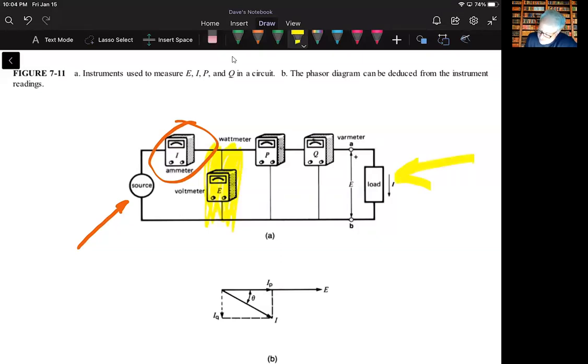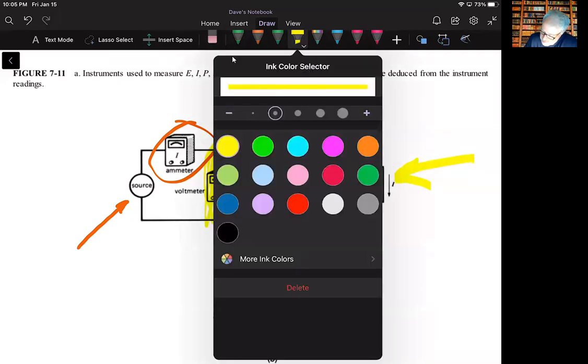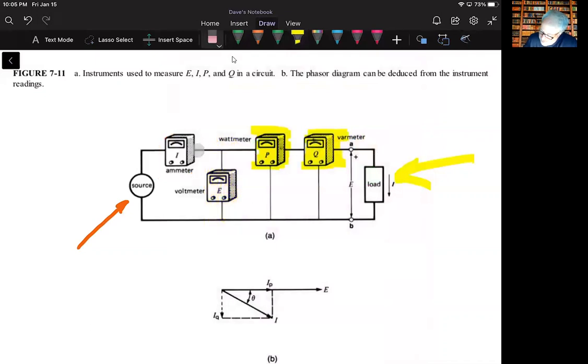The wattmeter would be connected to measure the voltage and the current so that we would be able to indicate the active power. And then here's a var meter that is developed so that it can measure the reactive power. And of course, out here is our load.